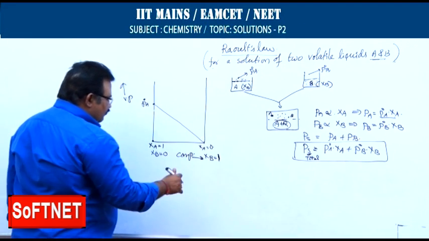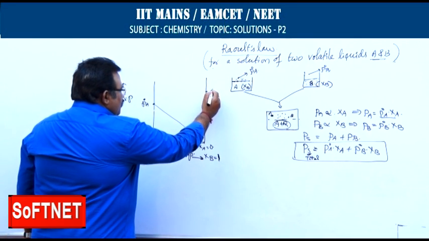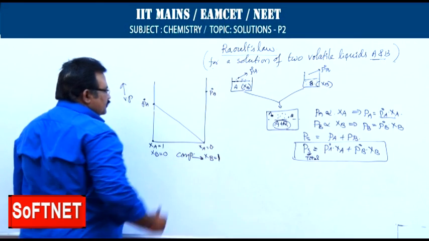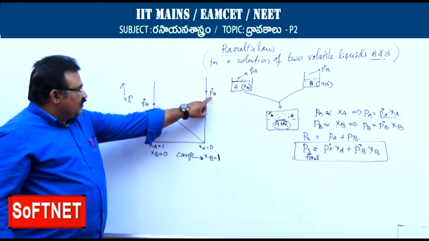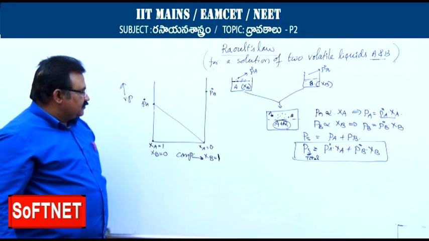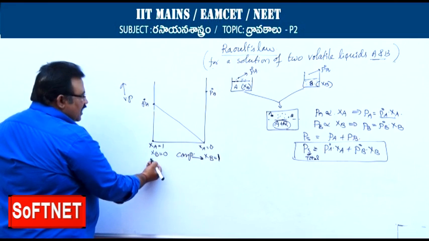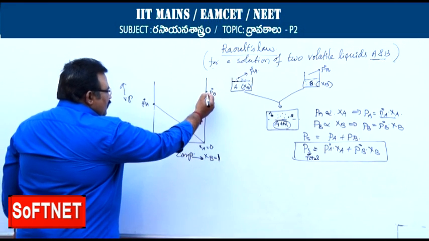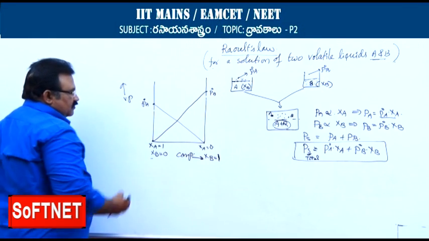Only pure B liquid is taken. It has a pressure of P naught B, which is the vapor pressure of pure liquid B. As the B composition decreases in this direction, its vapor pressure also decreases.